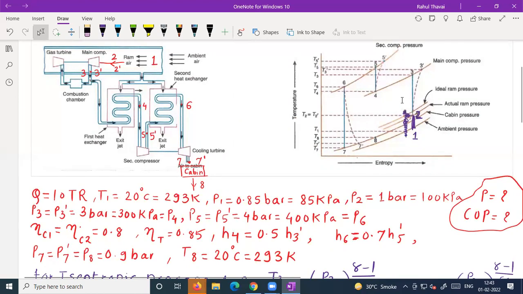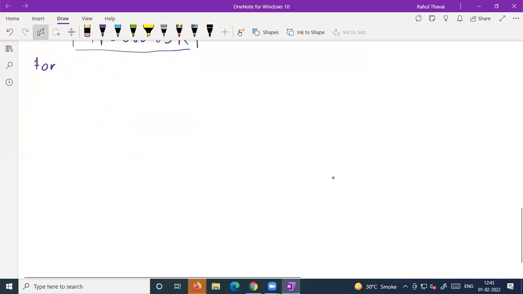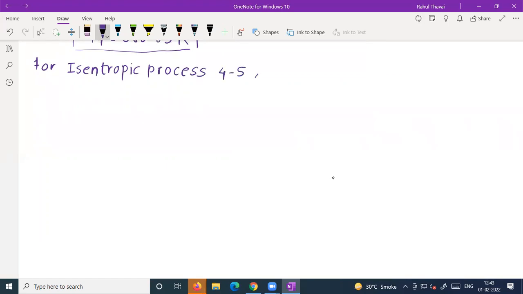Again, 4 to 5 or 2 to 3 or 1 to 2, they are isentropic, right? So for 4 to 5, I will apply the relation. For an isentropic process, that is 4 to 5, final temperature by initial temperature is given by final pressure by initial pressure raised to power gamma minus 1 by gamma.